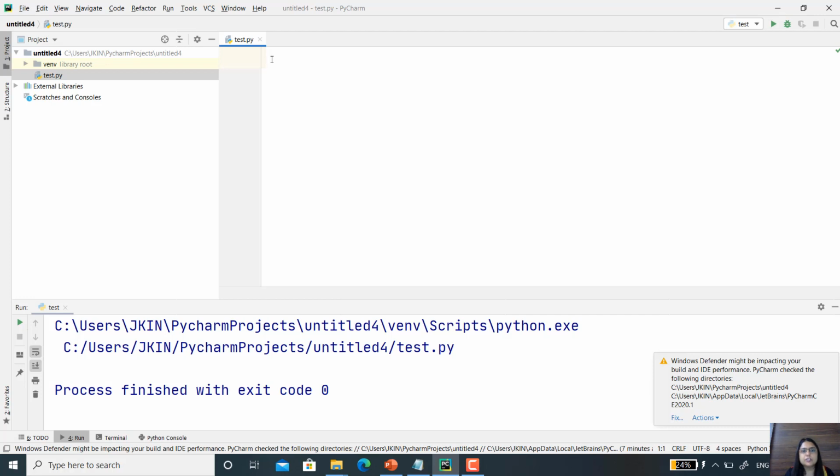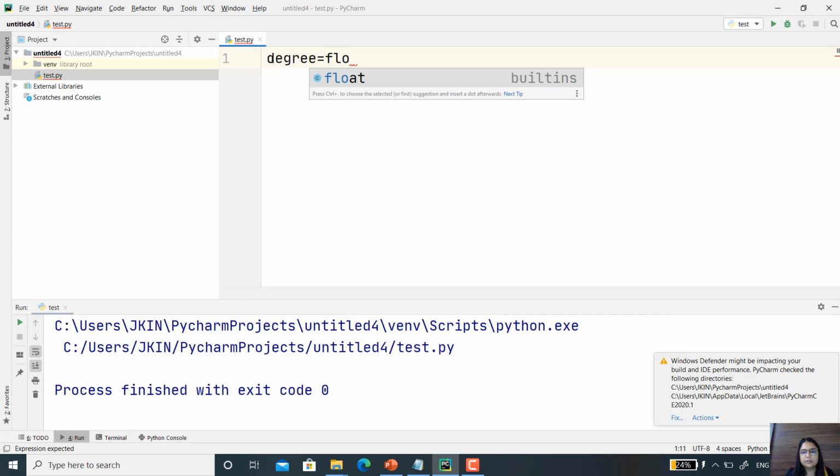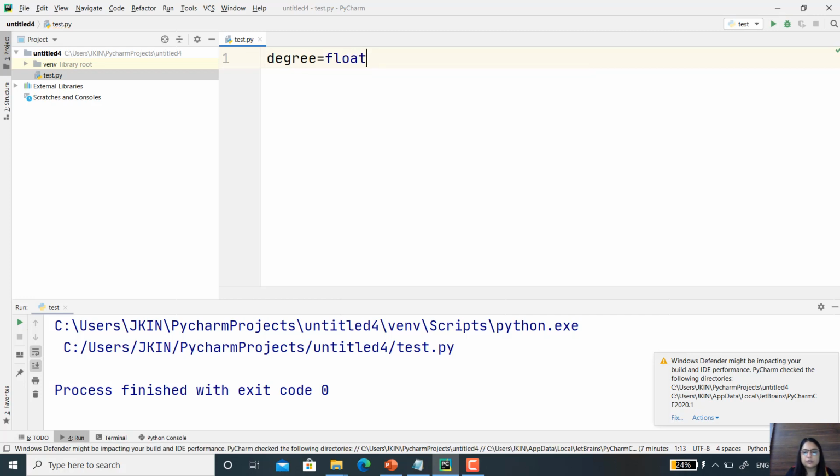Now first of all the user will enter the value of degree. So the first variable I consider is degree, and the user will enter it, and that value can be a float also. So I am taking float and then input, and then a small message for the user: enter the degree.